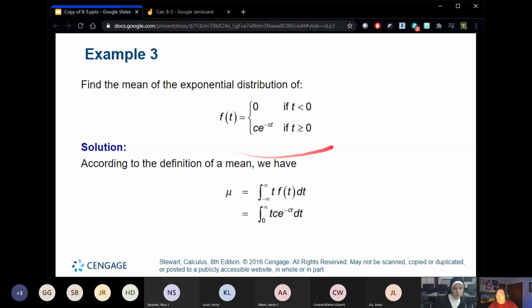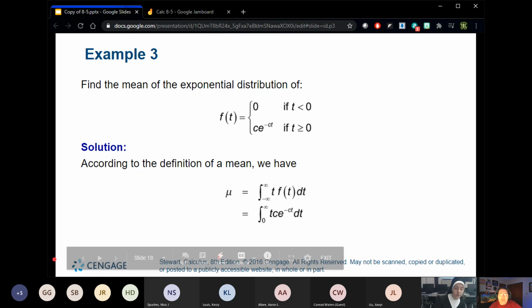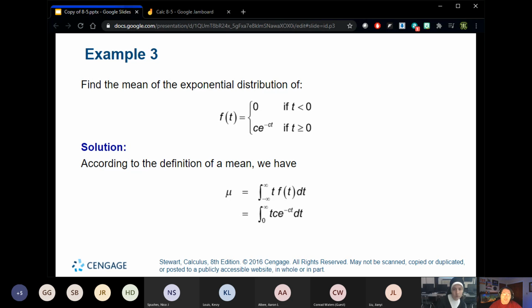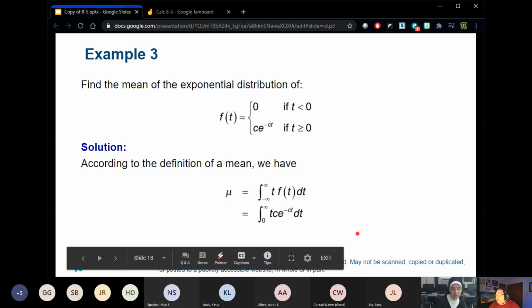So let's look back at that problem that we just created. Here's my exponential distribution that we just came up with a minute ago. And we want to find out what C is, so that we can make it a little more useful for us going forward.